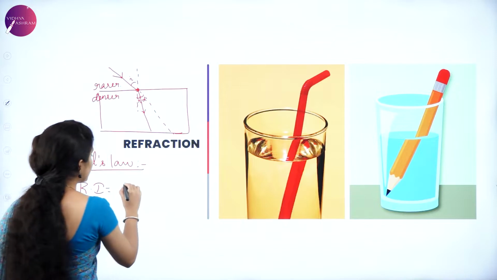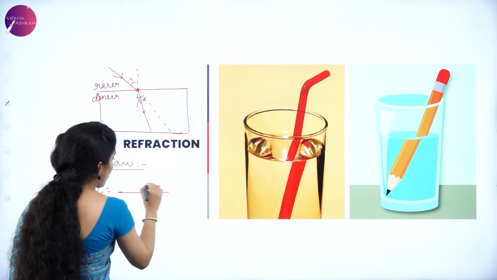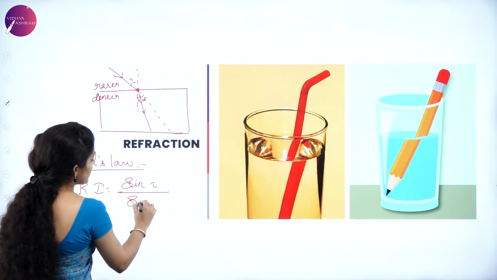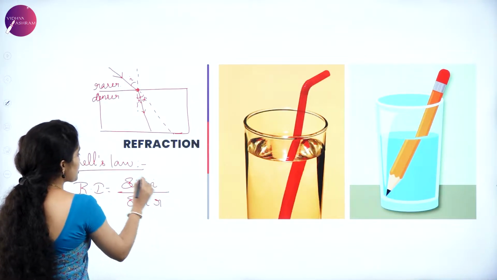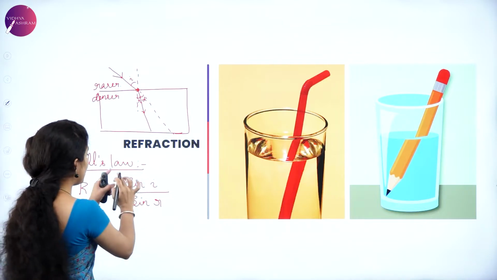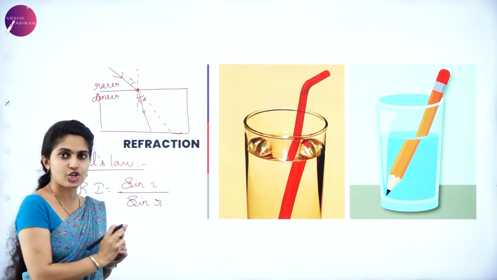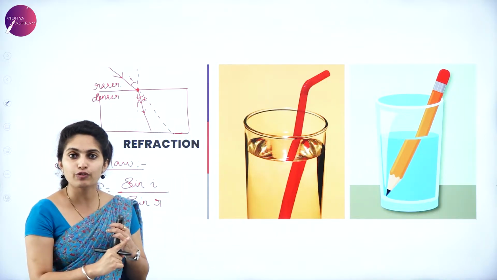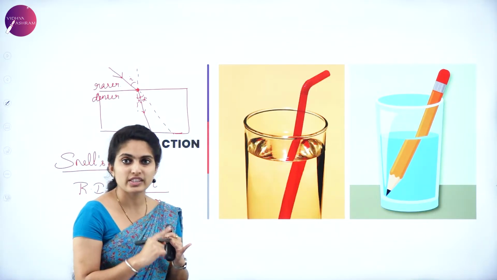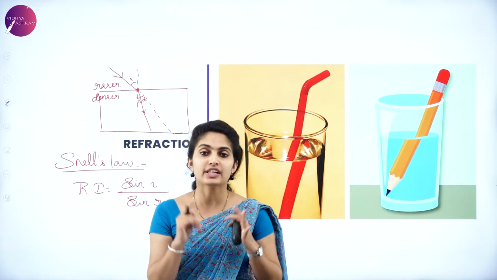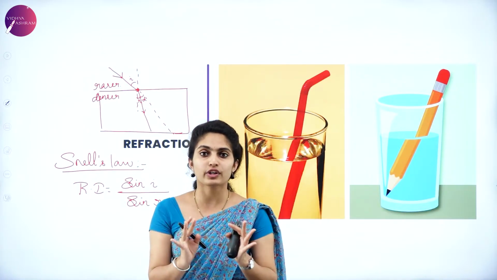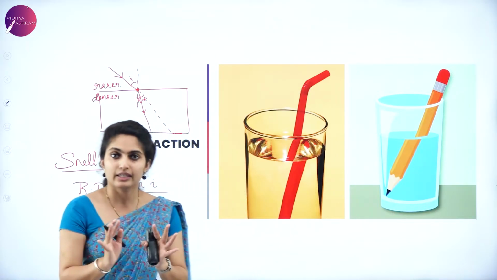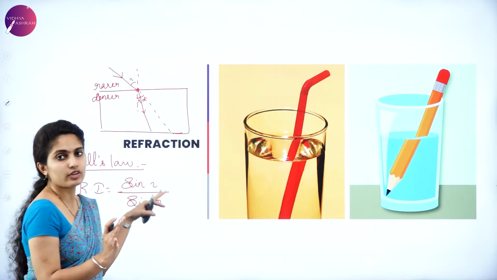The ratio of the sine of the angle of incidence to the sine of the angle of refraction is said to be your Snell's law. Only by looking at this equation, you can give the Snell's law. This ratio is a constant for a given pair of media as well as for a given color. It depends on your medium and the color.